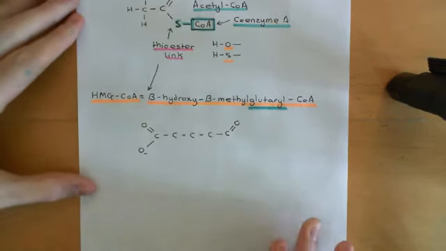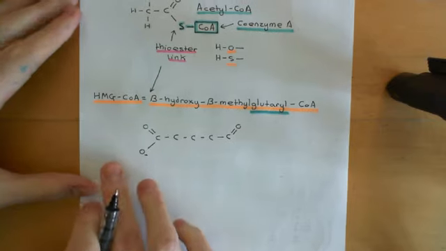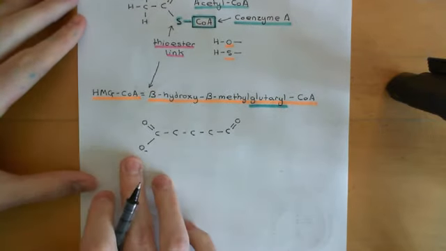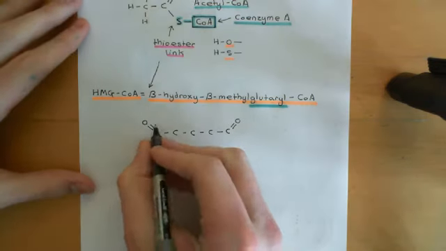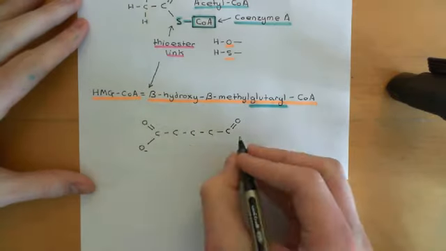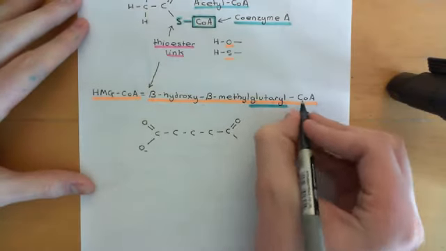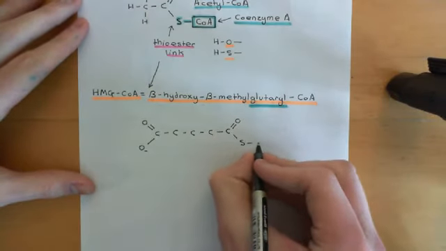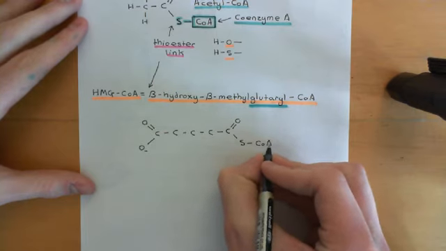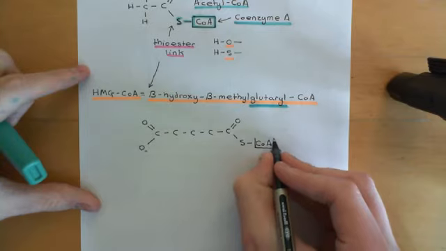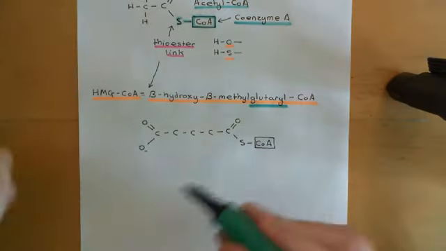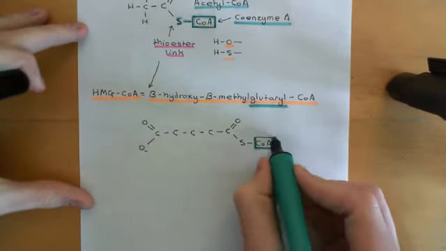Now under physiological pH it will have lost its proton off that oxygen, which is why I'm drawing the oxygen with the negative charge rather than the alcohol group. So here one carboxylic acid group is free. In glutaryl-CoA, the other carboxylic acid group will be linked to coenzyme A here. Once again I represent the CoA as a turquoise box here.